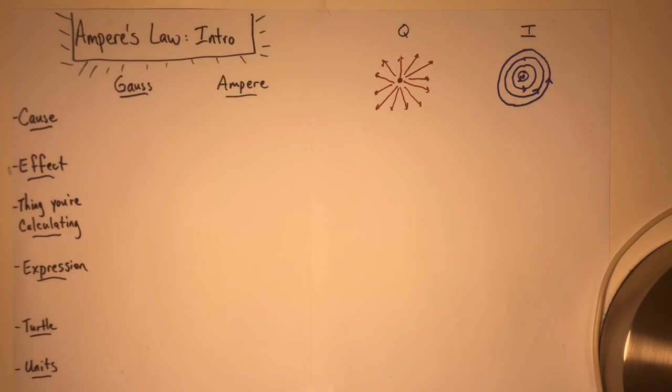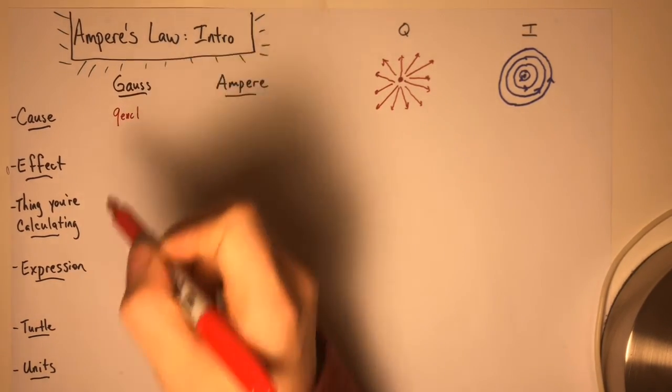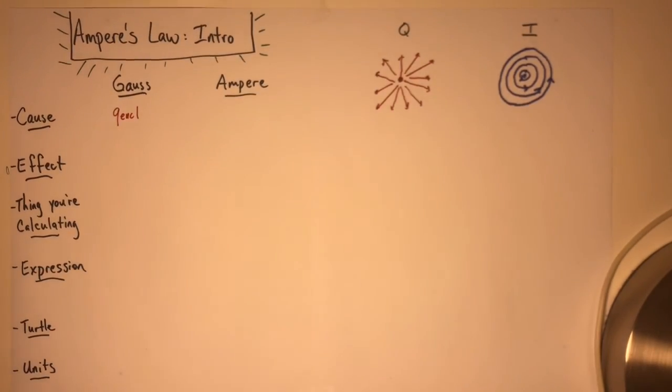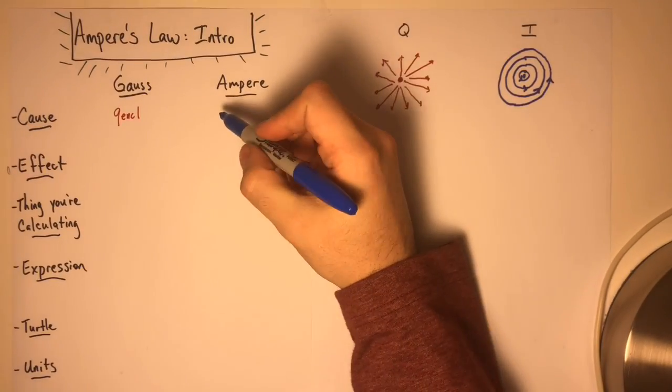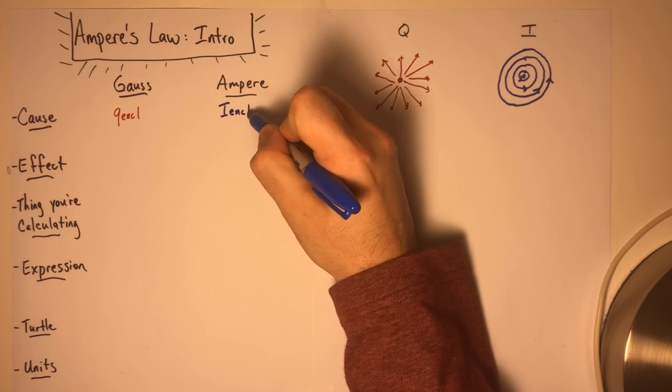With Gauss's theorem, of course, the cause of the electric field was some sort of charge enclosed inside a Gaussian surface. So too, for Ampere's law, we're going to be talking about currents that are enclosed by some sort of loop.